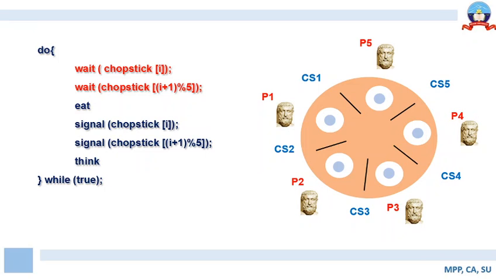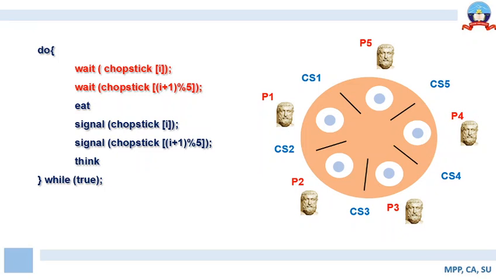So I plus 1 is 1 plus 1 is 2, so 2 mod 5 is 2, so chopstick number 2. It will implement a wait on chopstick number 2. Since CS2 has initial value as 1, it will implement a wait on chopstick 2, so then P1 will be able to eat food using chopstick 1 and chopstick 2.